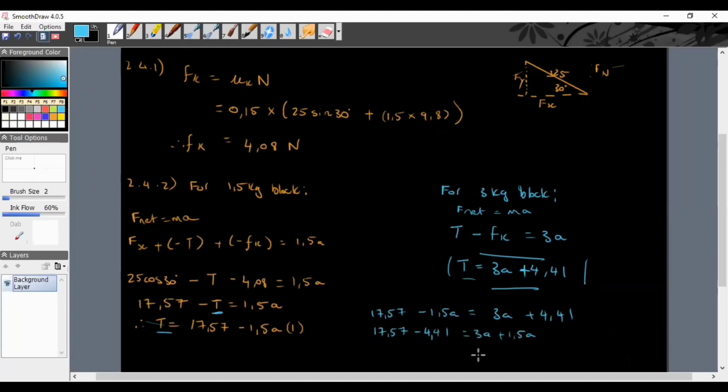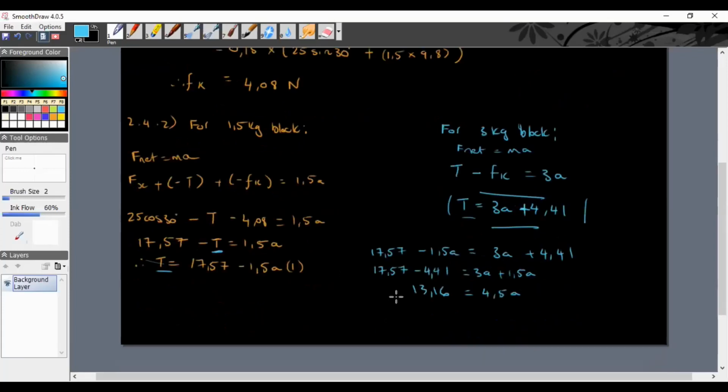Calculator, my best friend. So 17.57 minus 4.41 gives me 13.16. And 3 plus 1.5 should be 4.5A. I want to divide by 4.5 on both sides.